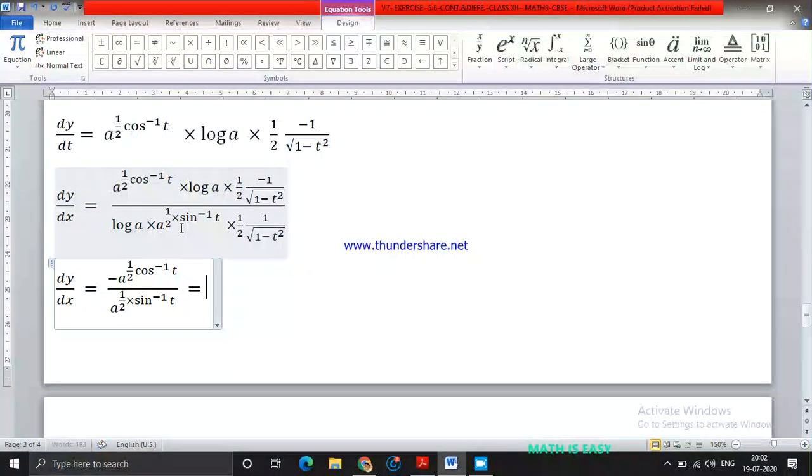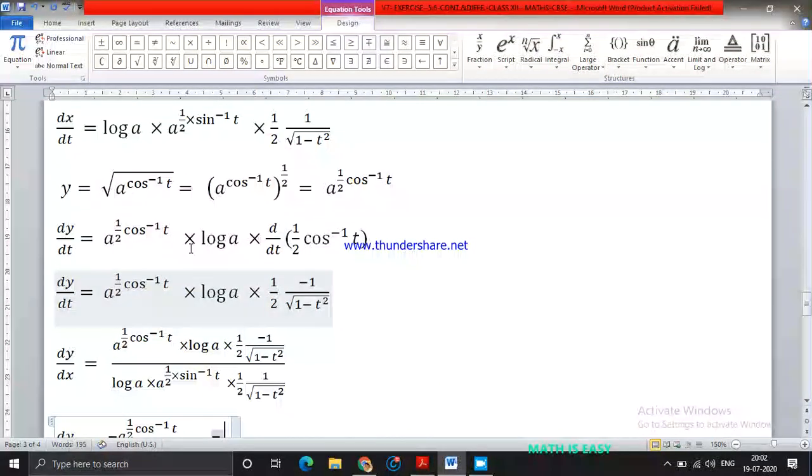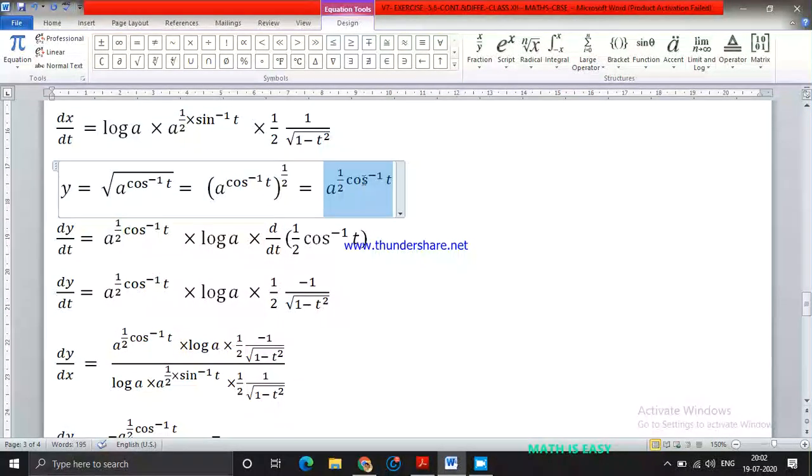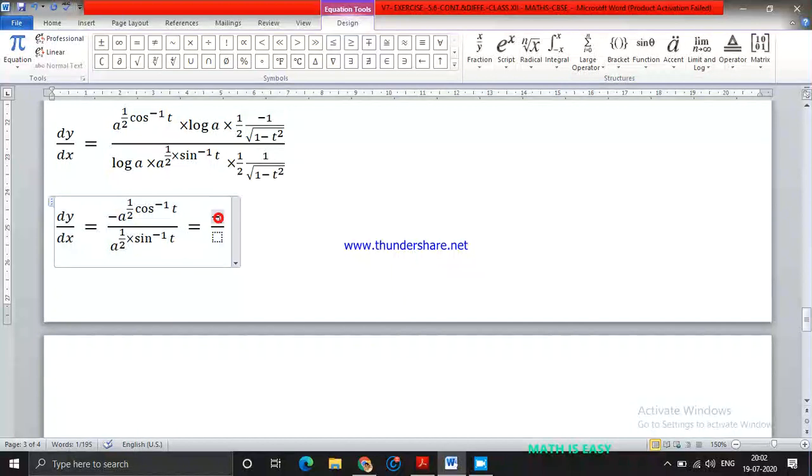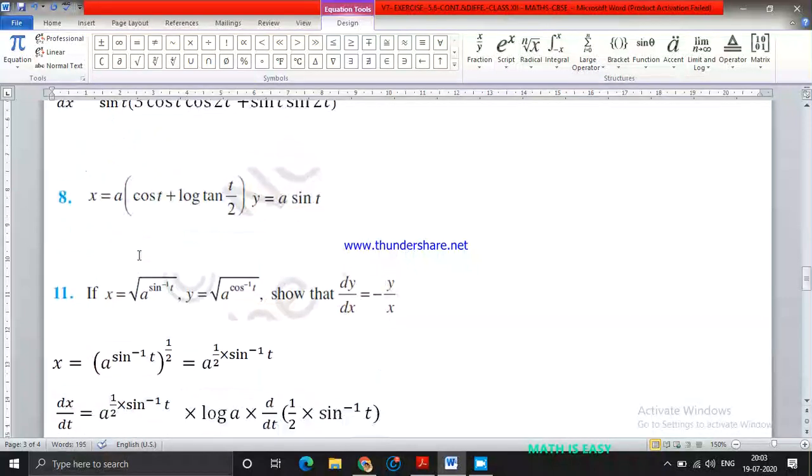Now if you observe, let me insert the fraction again. Fraction, or if you want to put the minus sign here, no problem. A to the power 1 by 2 cos inverse t. See here, a to the power 1 by 2 cos inverse t, which is nothing but y. So the numerator will be y. The denominator you have is a to the power 1 by 2 sin inverse t.